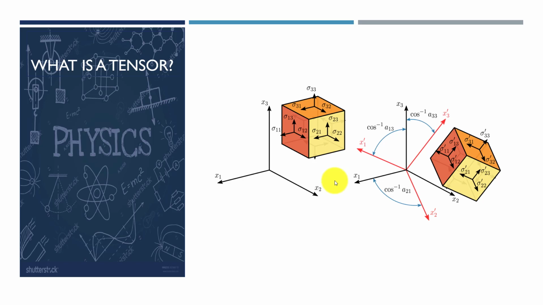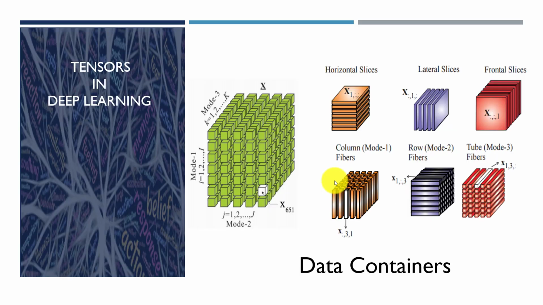Okay, so tensors is a vast topic and it can be defined in various ways, but we will concentrate on tensors and their applications related to the field of deep learning only. In deep learning we will think about tensors as containers of data. It's a data structure.